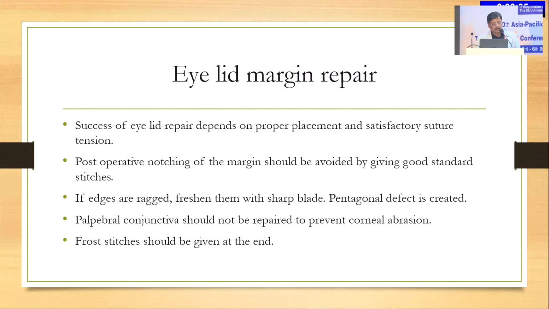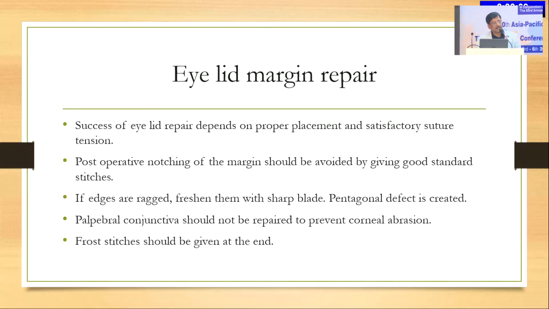And post-operative notching of the margin should be avoided because it will cause exposure as well as corneal ulceration, etc. And if you find that the edges of the wound are ragged, then you will have to freshen them so that apposition is good and can be taken for primary healing.